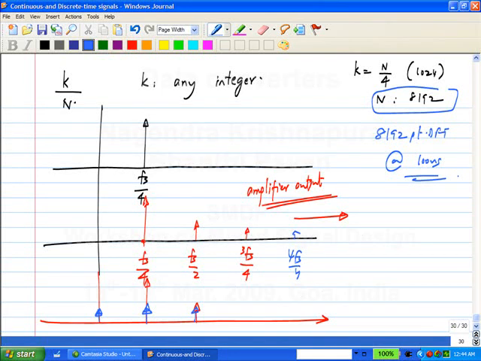So how will you choose it? I have chosen it to be N by 4. I still want the input frequency to be close to this because the performance of the amplifier may be sensitive to the input frequency. I want it to be close to this, but not necessarily exactly this. So what will I choose? What is the possible value?